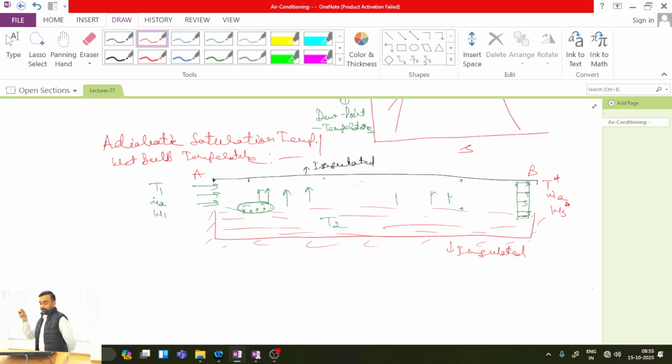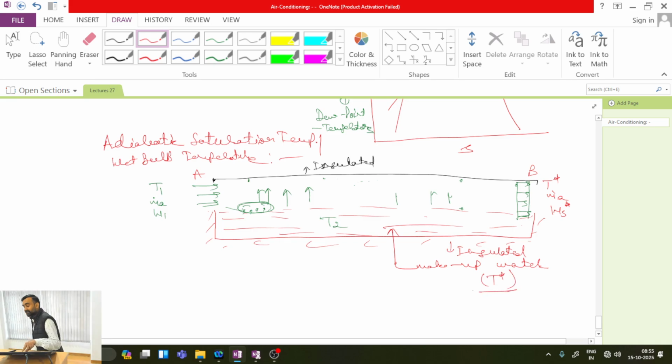Now one interesting fact you need to note down: if this air keeps on flowing, the water level will keep on decreasing. It's a continuously flowing air. So in order to maintain the water level at the same level, I need to supply some makeup water from outside. With the help of a float, I can supply makeup water. Usually we should supply makeup water at T star temperature.